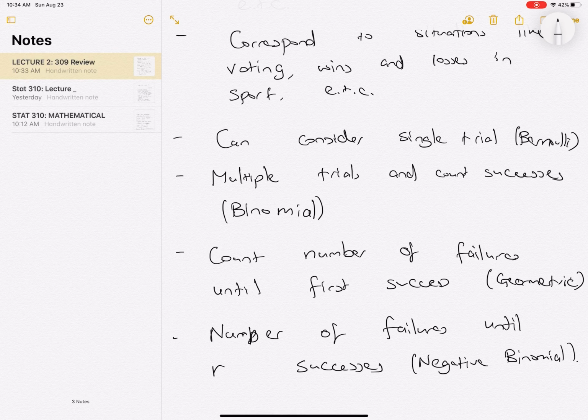Another thing you can look at is the number of failures until the first success. This is really important if you think about, as soon as a success happens, you basically stop, or as soon as r successes happen, you basically stop. And so for a single success, this corresponds to a geometric random variable. And for r successes, this corresponds to a negative binomial random variable.